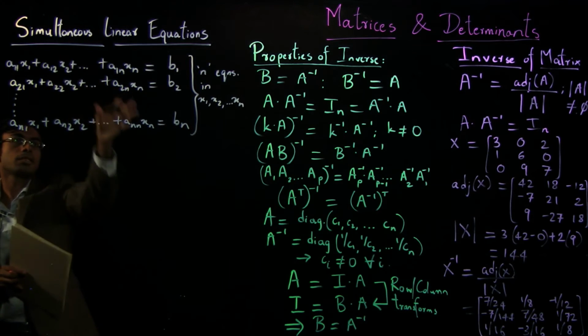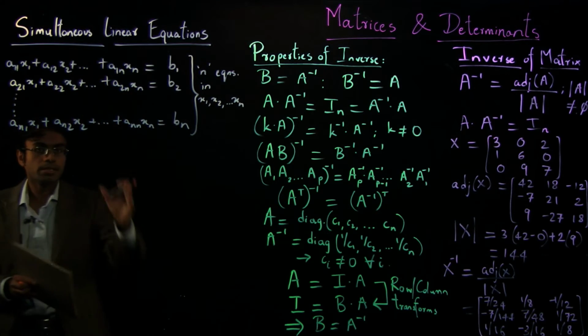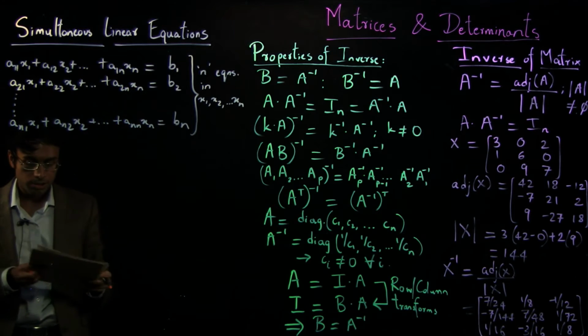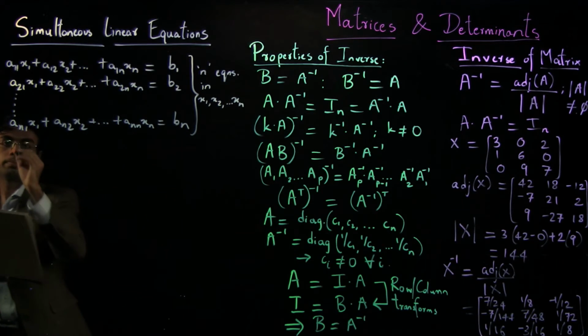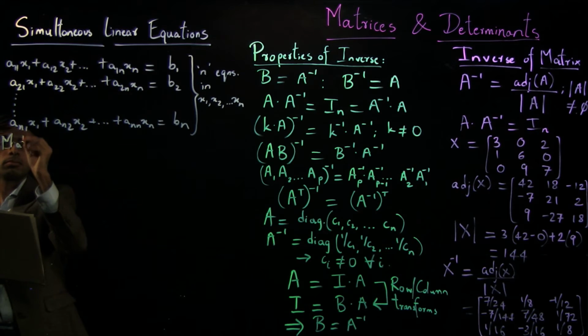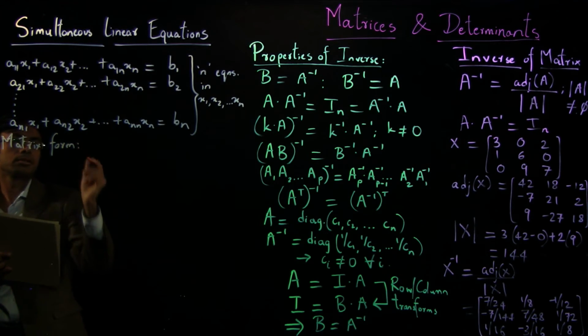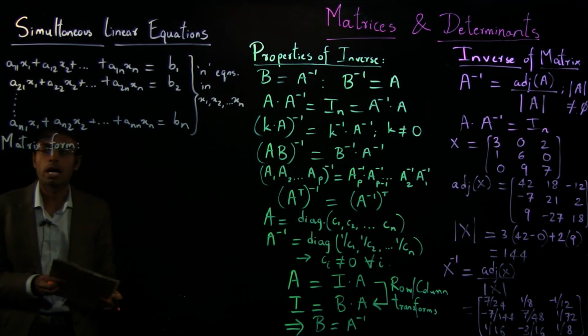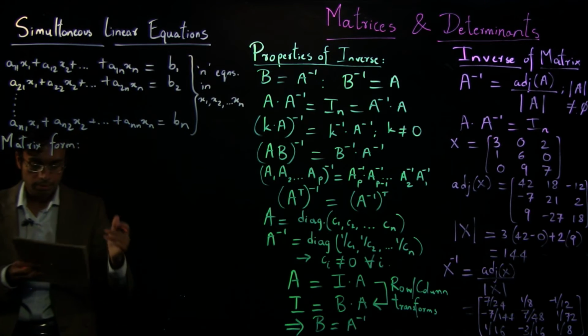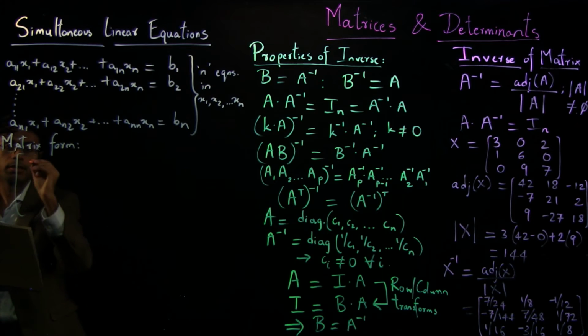Now, as you can already see by the way it's written, an easier way to represent this information would be in matrix form. So this brings us back to the original idea of a matrix, why it is so useful as a method to represent large amounts of data.